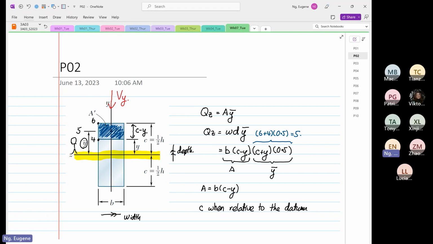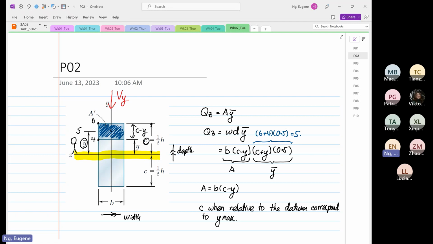And at point C, what you see is the distance C. So C, when relative to the datum, corresponds to Y max. Yes or no? It corresponds to Y max.